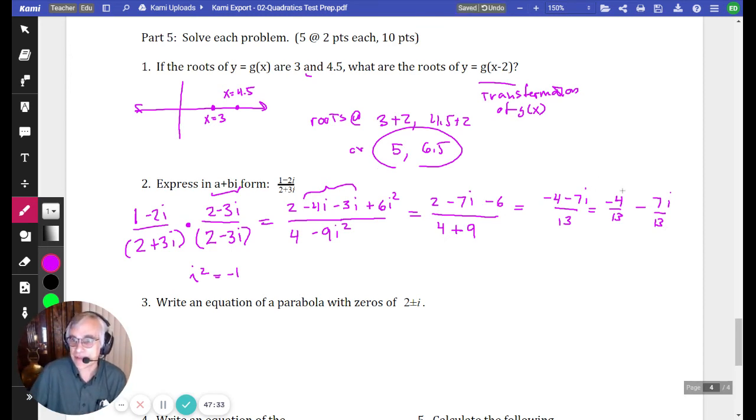So this truly is a plus bi form. And by that, I mean that this real part is a, negative 4/13, and the imaginary side, the b is negative 7/13, and then the i is the i. So it's an a plus bi form.